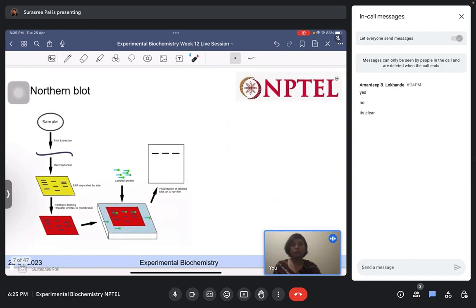Alright, then we will move on to the next immunoassay technique, which is called the northern blot. Edwin Southern discovered the southern blot for identification of DNA sequence.